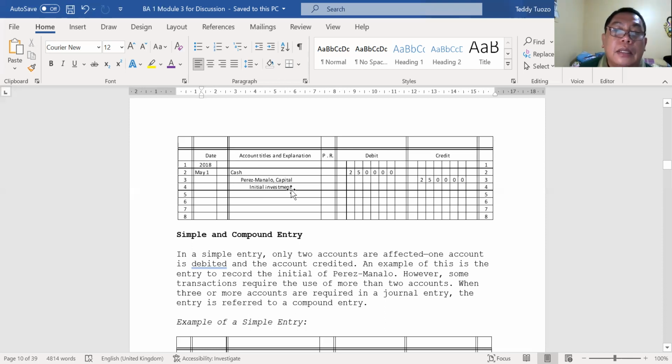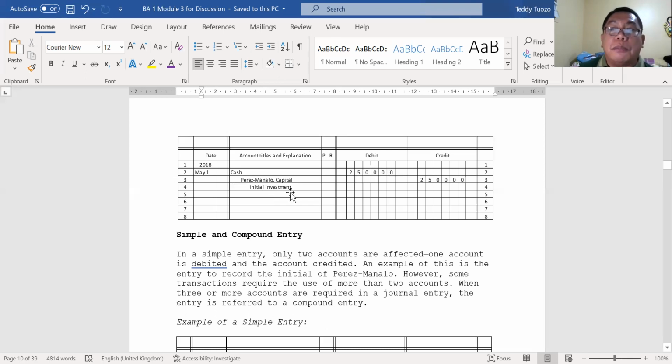And then take note that the first letter of each account title is always capitalized. It cannot be all small letters or all capitals. And then this initial investment is actually the explanation, but remember that for every entry you need to write an explanation.